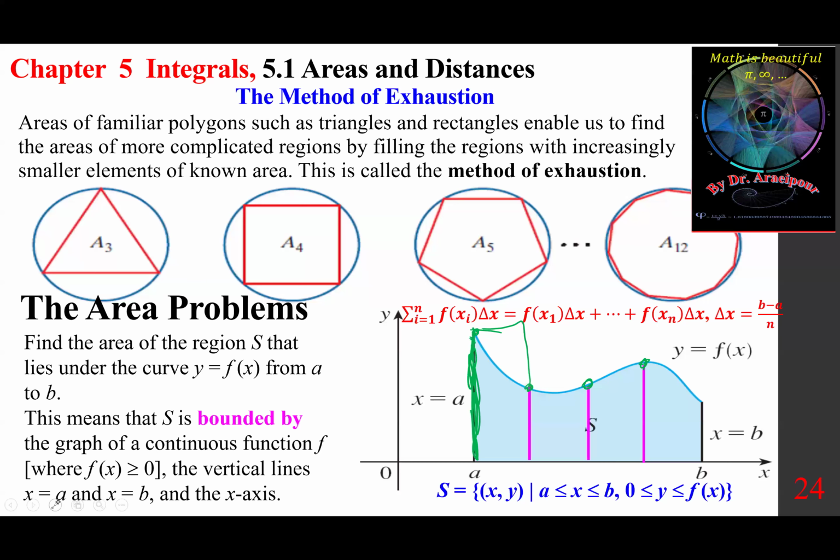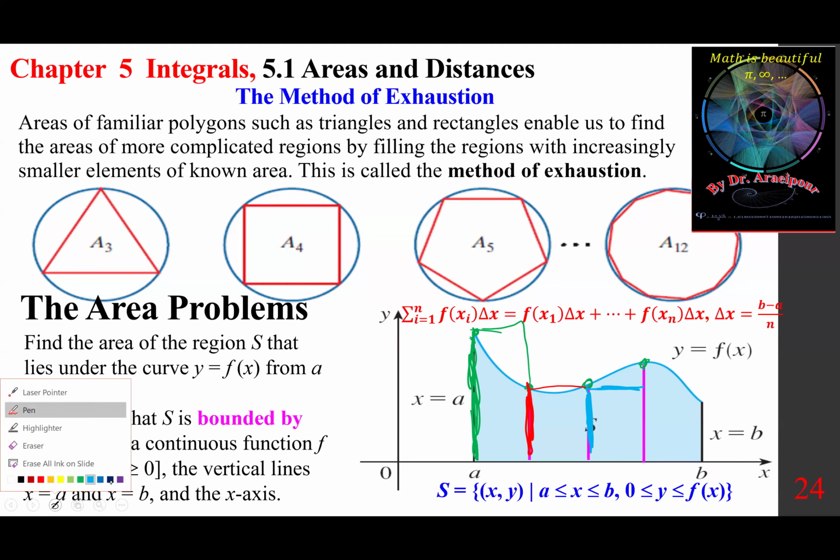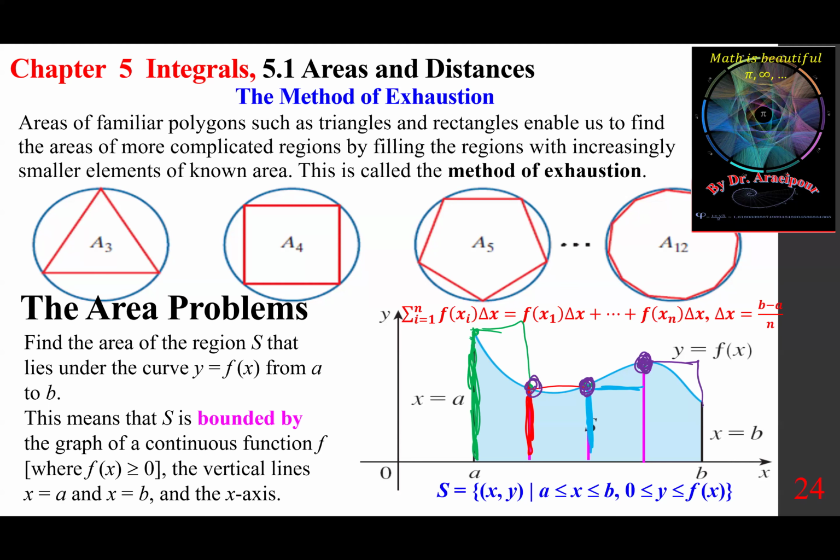The height for the second one would be this. For the third one, using the left endpoints, would be this. And for the last one would be this. So look at those points. f of those points would be the height of each rectangle.